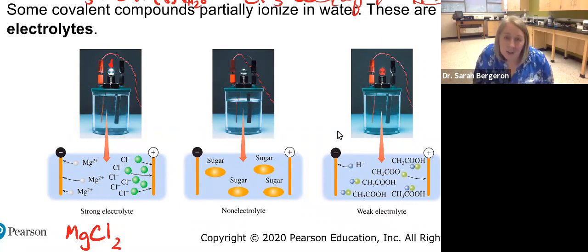A non-electrolyte like sugar will get covered in water particles, but it won't become an ion. And our last one is a weak electrolyte. Sometimes the hydrogen ion will come off, but a lot of times the hydrogen ion is still attached to our substance, so it's not charged. So it doesn't light up the light very much. I don't know why it's red. Usually it's just dim.